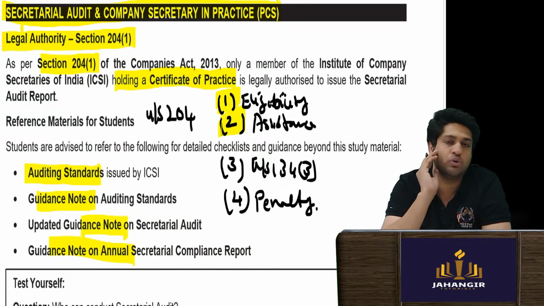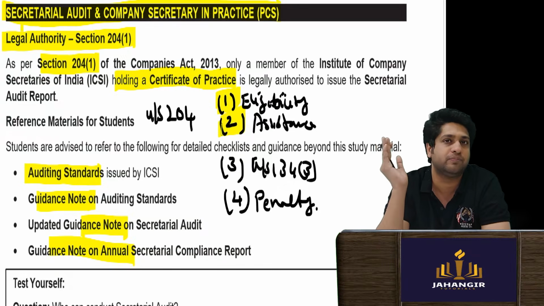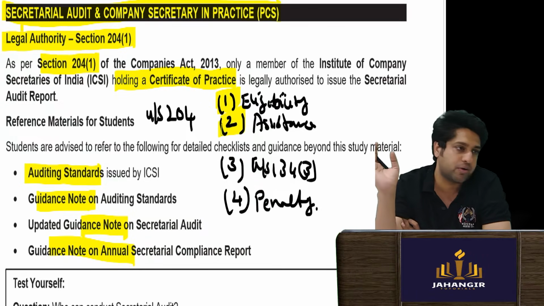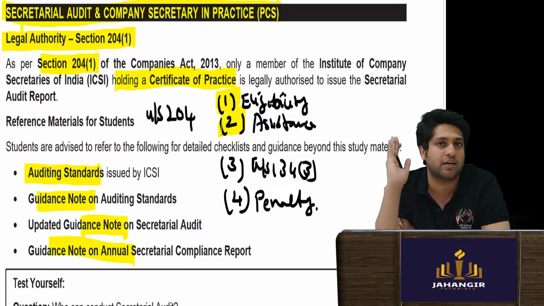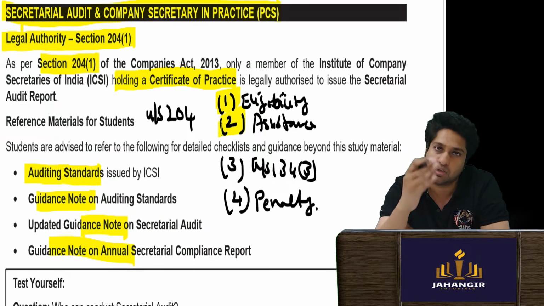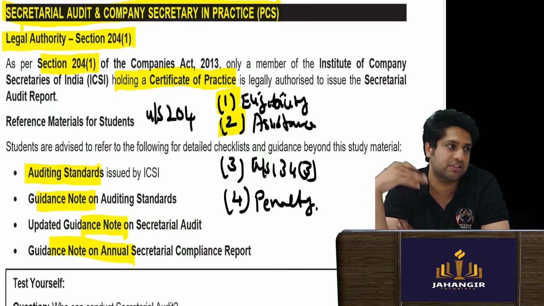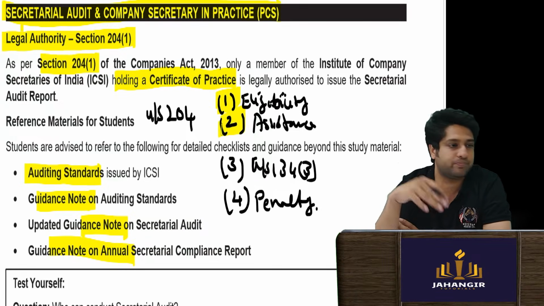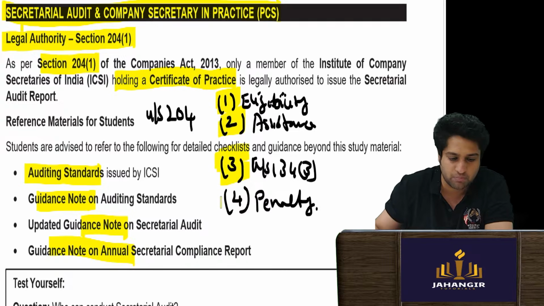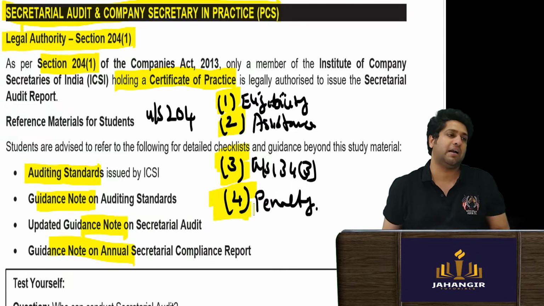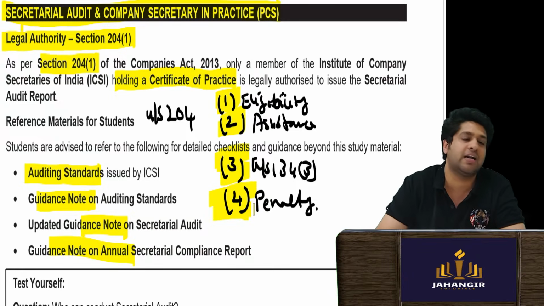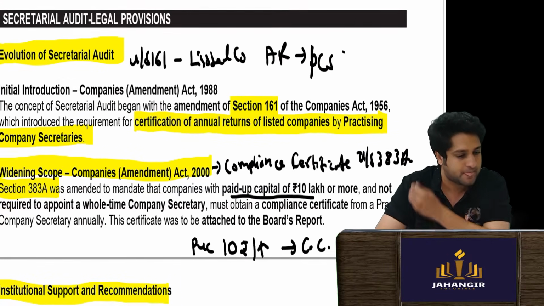Do you know the thresholds? 50, 250, 100: paid up capital, turnover, and loan amount. If this threshold is there, secretarial audit is needed. Then assistance is to be given to us. It will be attached to the board report, and if you have not complied, there will be a penalty. So we can definitely write with the subsections also. Why is everyone writing only 204? We'll write the subsections also. Very simple.